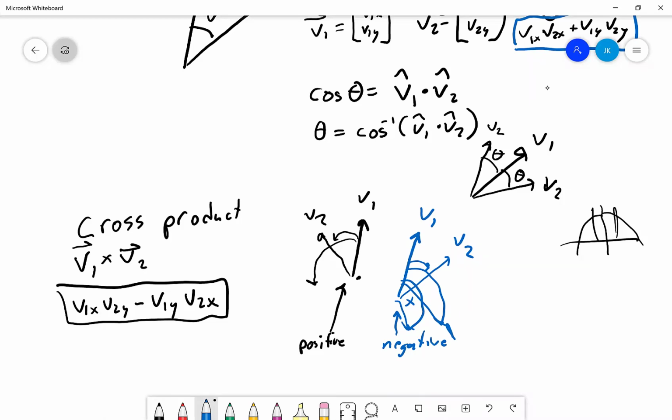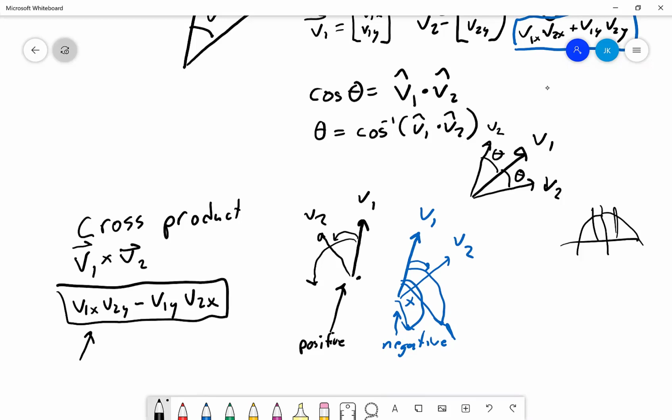So if I'm going straight forward, if they're identical in the same direction, it's 0, or if they're exactly opposite, then this comes out to be 0. But otherwise, that's going to tell me whether something is positive or negative. And this is a key thing in the last lecture, where I'll be talking about a convex hull algorithm. This is one of the key parts of the convex hull algorithm, whether this number is positive or negative.